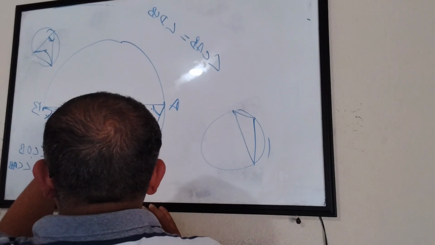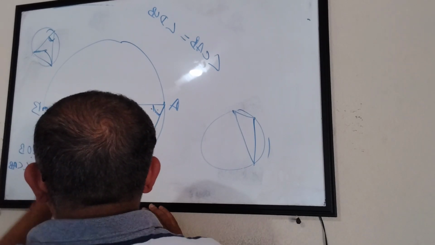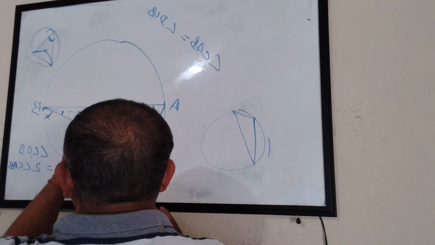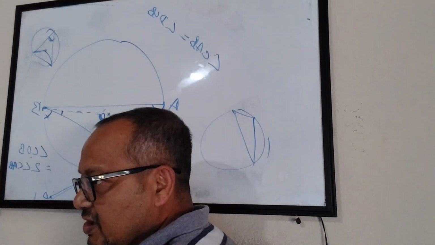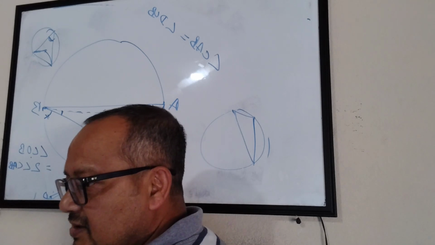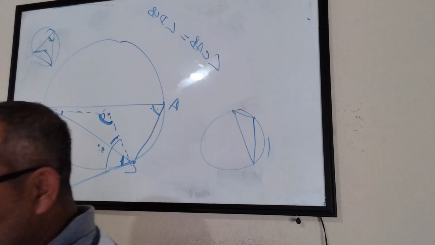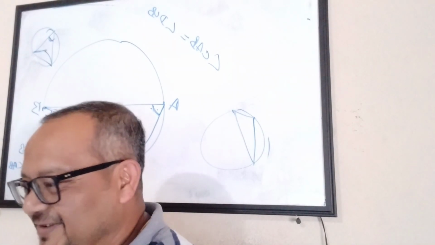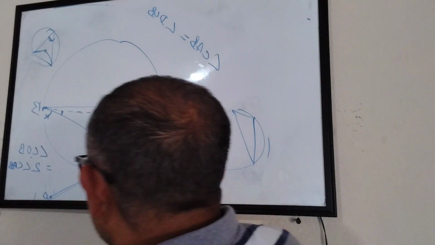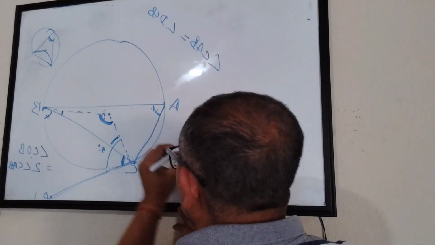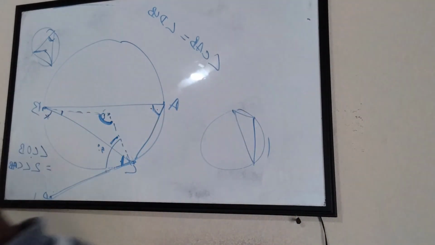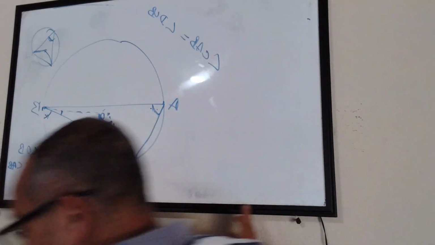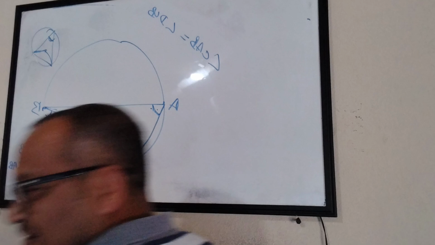Now this angle is 2 times this angle. Now look at this angle plus this angle and this tiny angle together making 180 degree. Correct? Alright, so now look at triangle, and you guys will need to pay attention. Make sure that you're not missing any of my golden words.